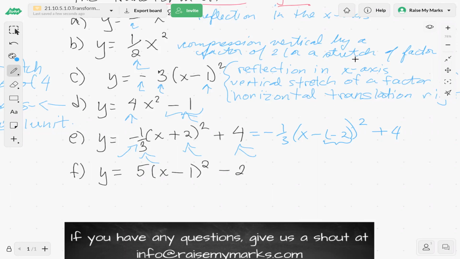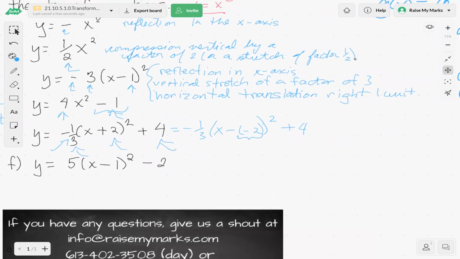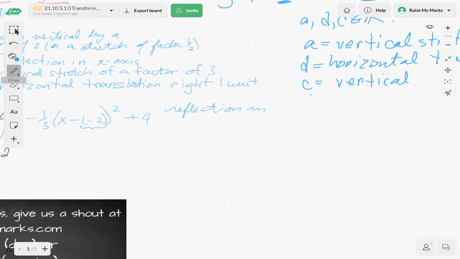Let's write out the transformations for this function. The negative is a reflection in the x-axis.